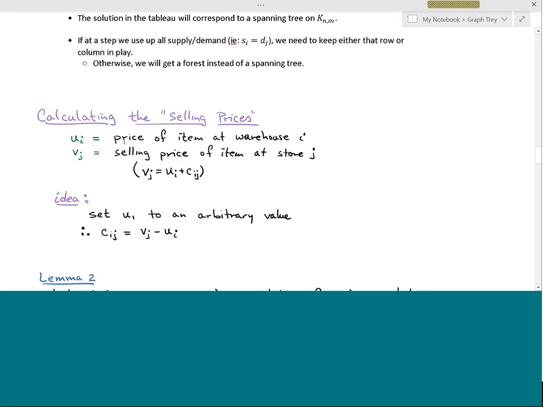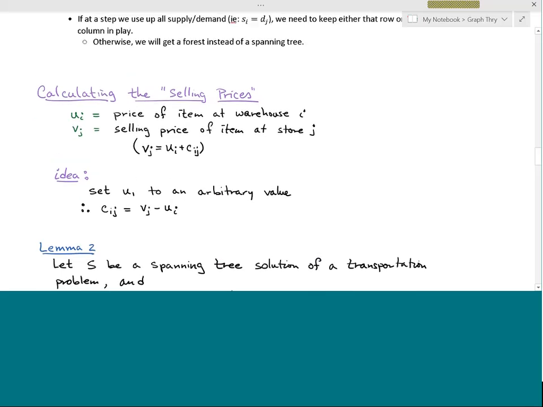U_i is considered the unit price of the item at warehouse i. V_j is considered the selling price of your good at store j. And if you add U_i to the cost associated with traveling across the edge from warehouse i to store j, that should give you your selling price. Notice the store does some markup, okay? And we're not going to make it any more complicated than that.